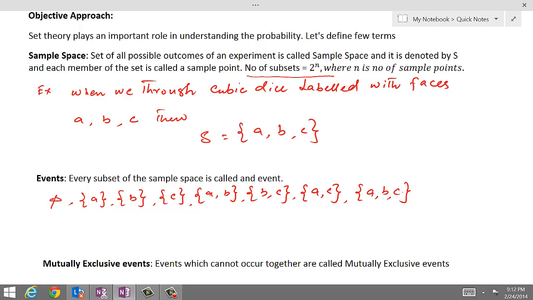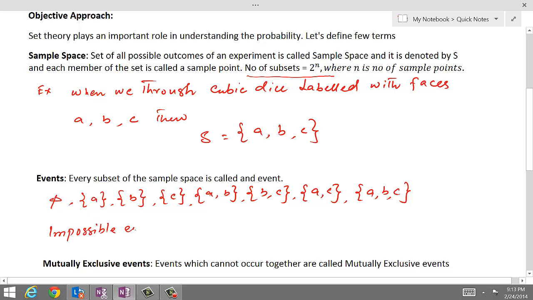The null set, which is also an event, is called an impossible event, and the sample space itself, being a subset of itself, is also an event, which is a sure event. So remember these concepts: impossible event, here the null set is the impossible event. Then simple events, which contain only one sample point.